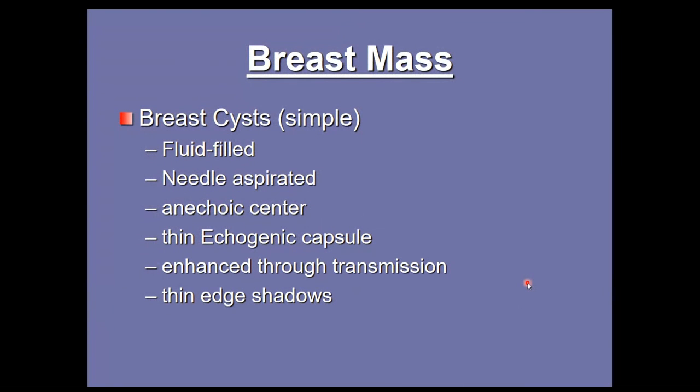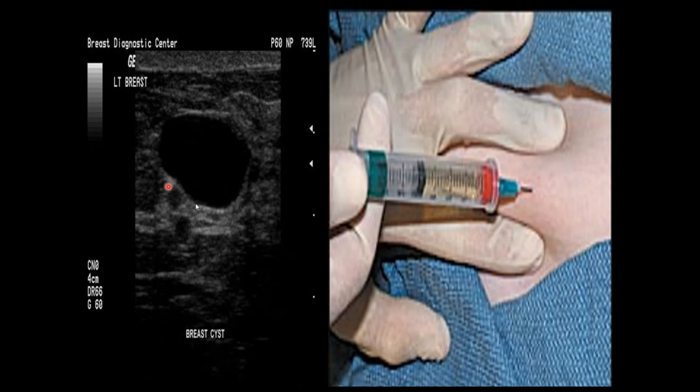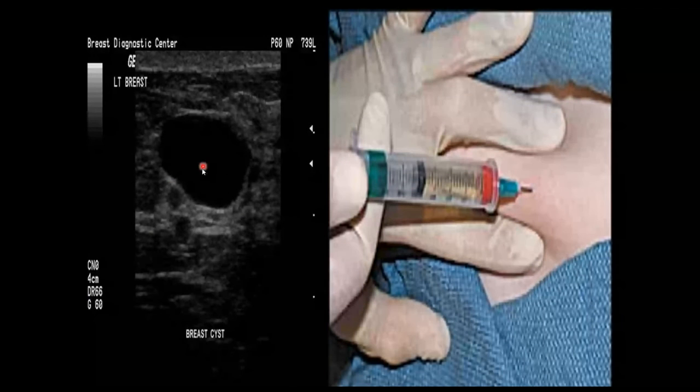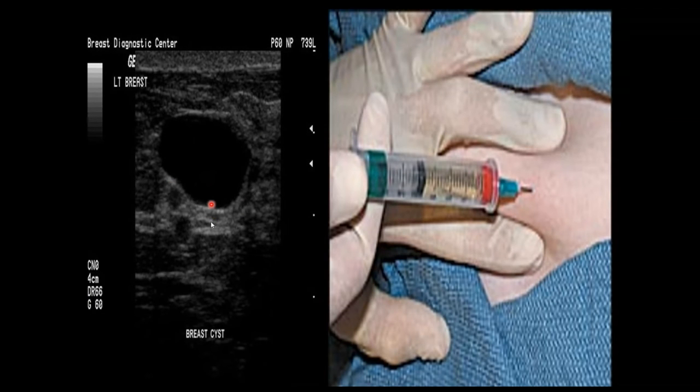So a breast mass may be a cyst. We have discussed that cysts appear anechoic. There will be a thin echogenic capsule, enhanced through transmission and thin edge shadows. Cyst with anechoic center. Okay, this is called enhanced transmission of the ultrasound waves.